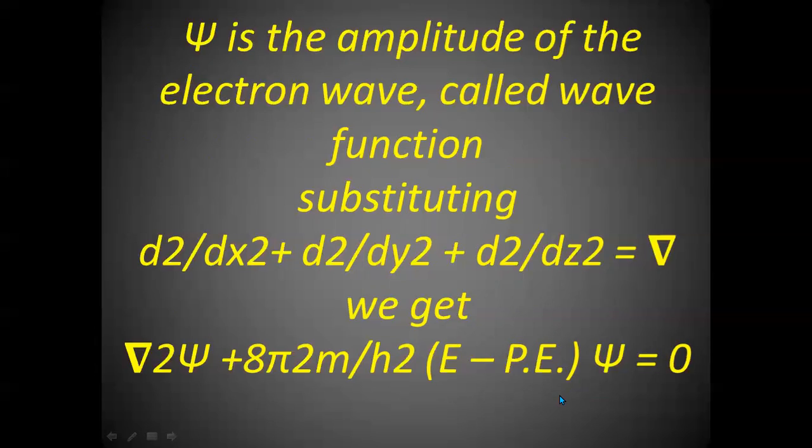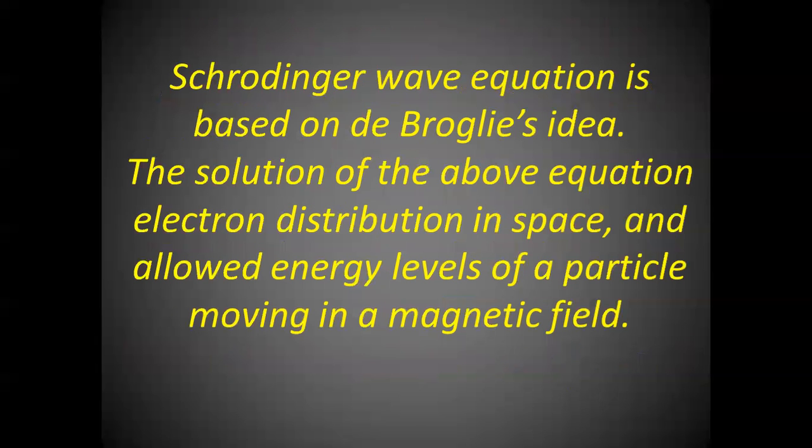If we solve this equation, we will get certain values for the wave function, and that will give the probability of finding the electron. One thing you have to remember is that the Schrodinger wave equation is based on de Broglie's idea. What is de Broglie's idea?